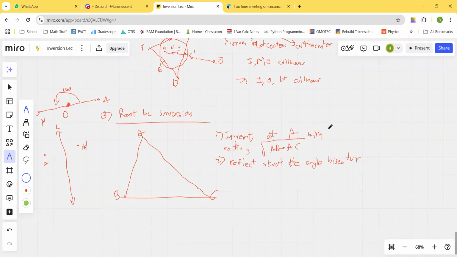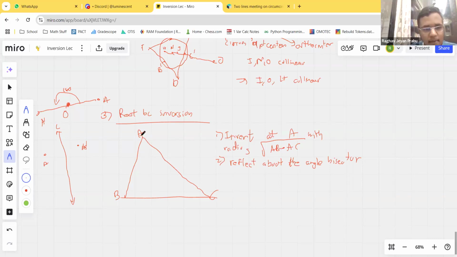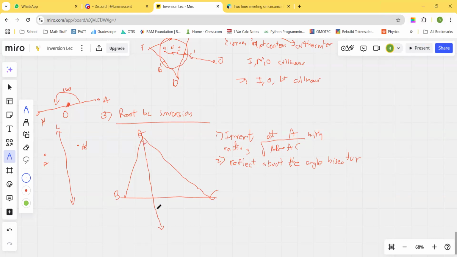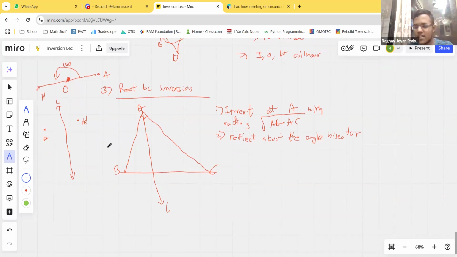Which angle bisector is being talked about here? Angle bisector of BAC. And which points will get reflected? All points get reflected. You're doing this on the whole plane.